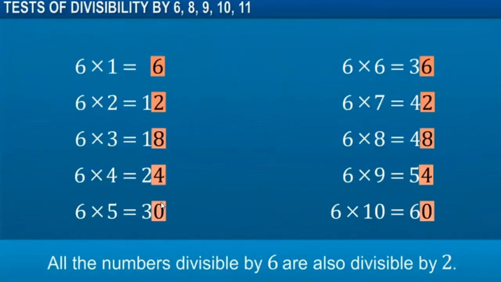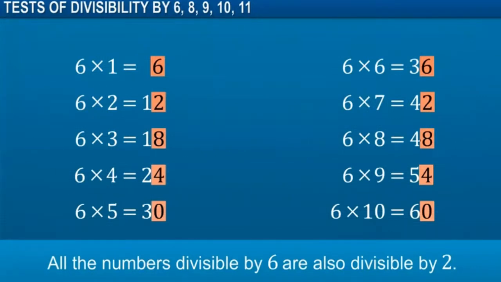അതായത് കിട്ടുന്ന numbers അല്ലെങ്കിൽ 6ന്റെ ടേബിളിനകത്ത് നോക്കിക്കഴിഞ്ഞാൽ നമുക്കുള്ള നമ്പേഴ്സിന്റെ ലാസ്റ്റ് ഡിജിറ്റ് നോക്കിക്കഴിഞ്ഞാൽ 0, 2, 4, 6, 8. Okay, so last digit 0, 2, 4, 6, 8 ആണെങ്കിൽ, we have already studied that these numbers are the divisible numbers of 2.